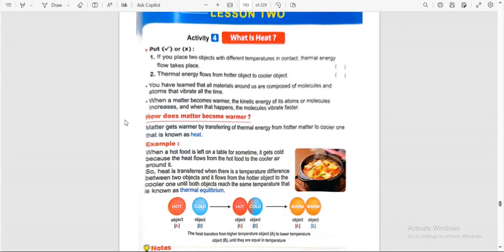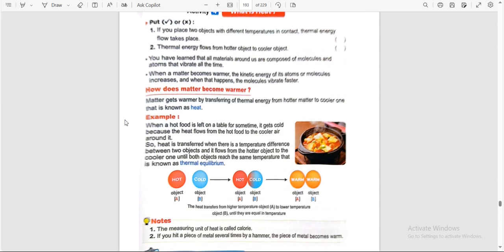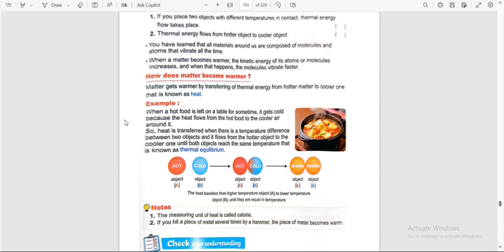Next, we continue talking about heat and how it transfers. Heat transfers from hotter objects to cooler ones. And when this happens, we call this heat transfer.